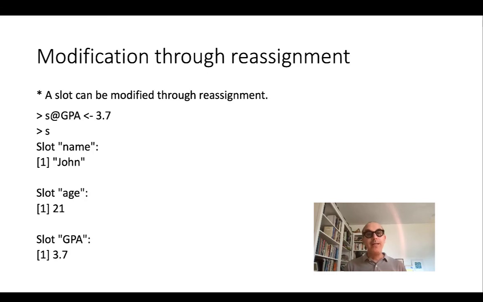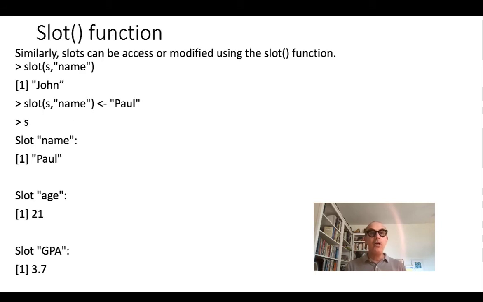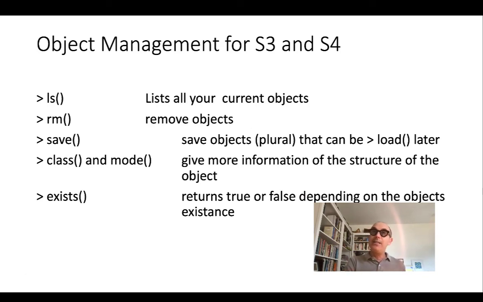Modification through reassigning, again the slot, and to modify it and how it played out. A slot function, similarly, a slot can be accessed or modified using the slot function, and this is the modification. Again, this is based on our textbook reading.